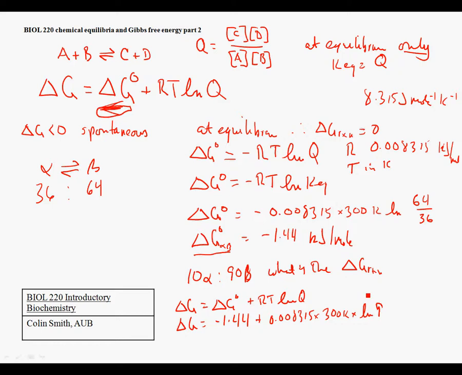And if I put that into the calculator, I come up with a value that delta G in this case is equal to 4.04 kilojoules per mole. What does that mean? This is greater than 0. That means the reaction will not go from alpha to beta, it means the reaction will proceed from beta to alpha, and it will do so with this amount of free energy.